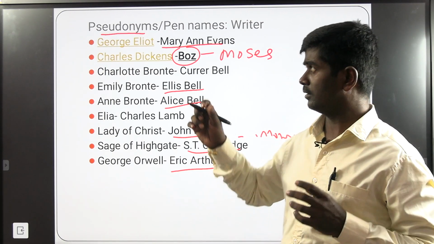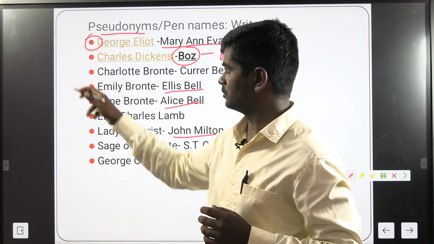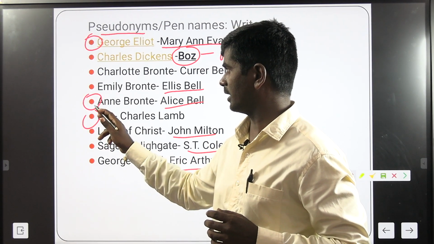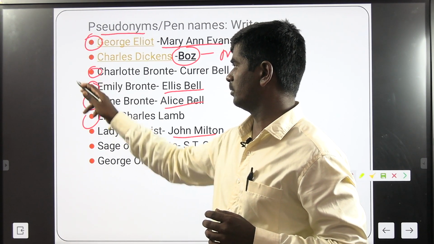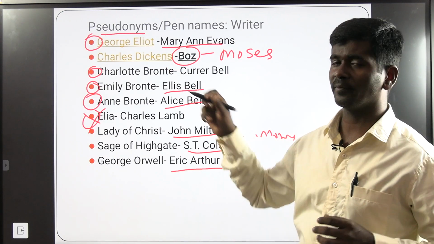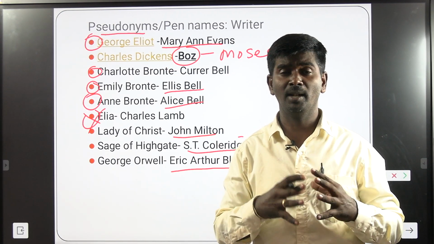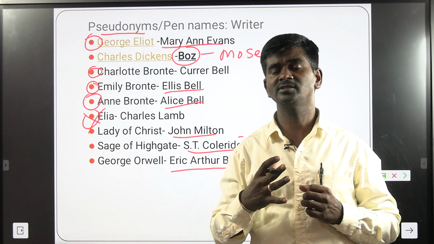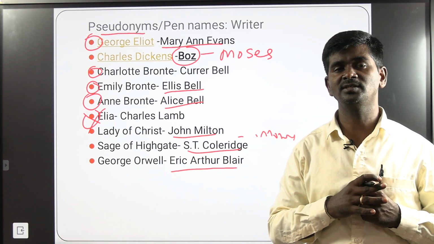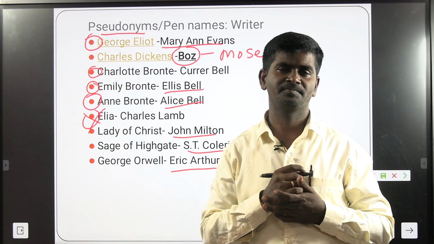When we talk about these four writers, George Eliot, Anne Bronte, Emily Bronte and Charlotte Bronte, not Elia, these four writers had male pseudonyms, male pen names, because the conditions did not support female writers to write literature.